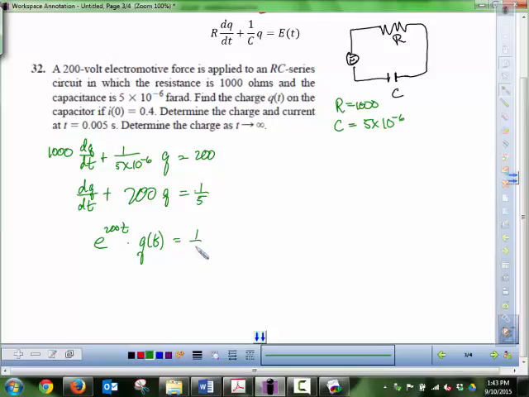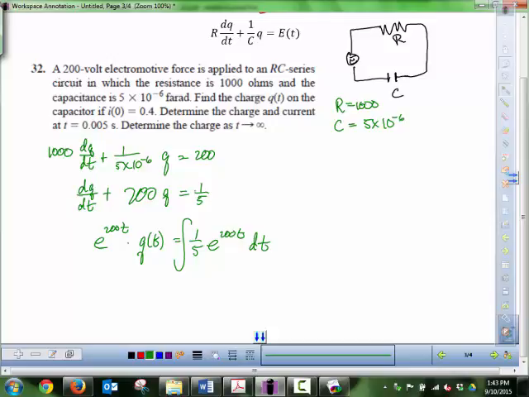And then here you have 1/5 e to the 200t that you want to integrate. Okay? I skipped a few steps, but the idea is to find the integrating factor, rewrite the left-hand side as a product rule, and then undo the derivative by taking the integral of both sides.